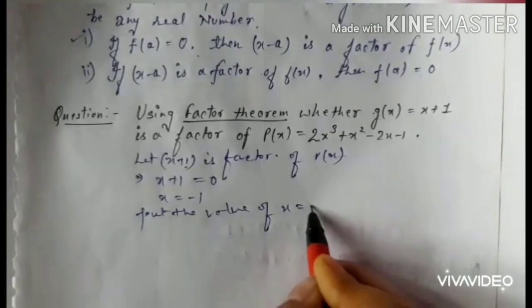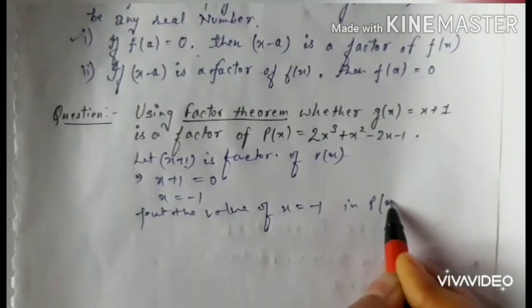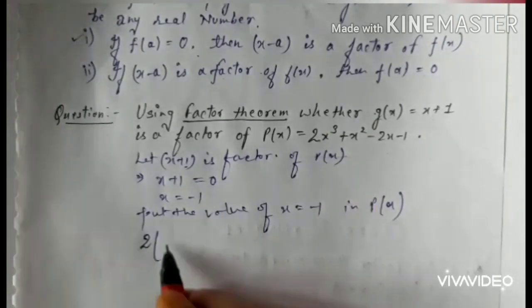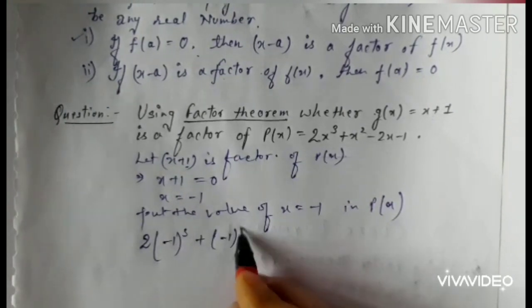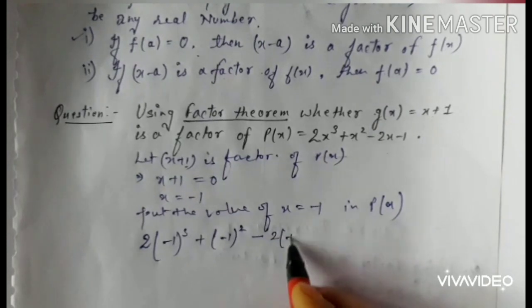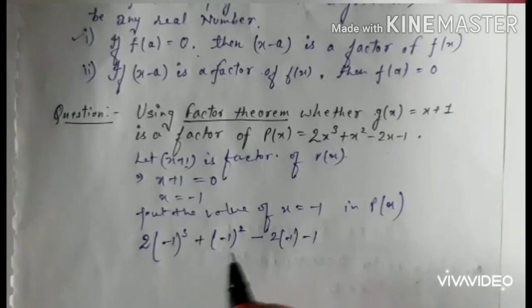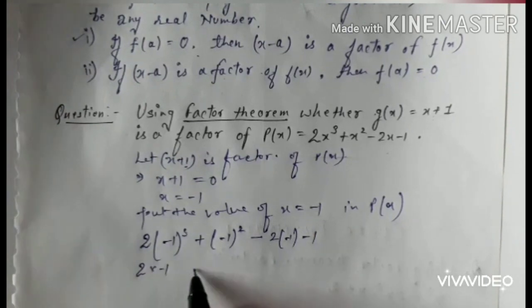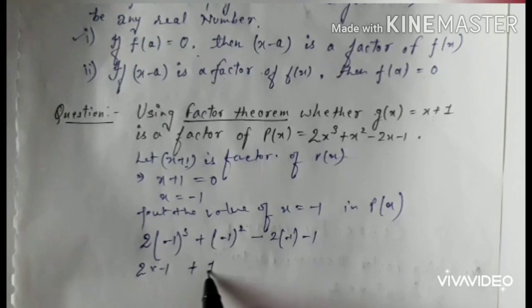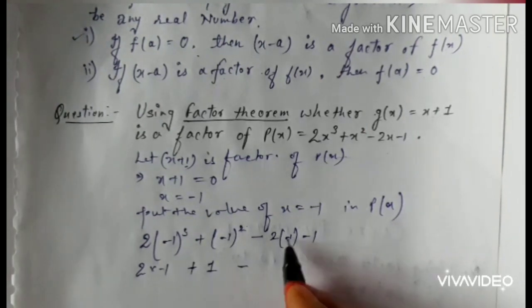Now put the value of x equal to minus 1 in p(x). In place of x we put minus 1: 2 times minus 1 cubed plus minus 1 squared, minus 2 times minus 1, minus 1. After simplification, minus 1 cubed is minus 1, minus 1 squared is 1, and 2 times minus 1 is minus 2. So we get minus 2 plus 1 plus 2 minus 1.